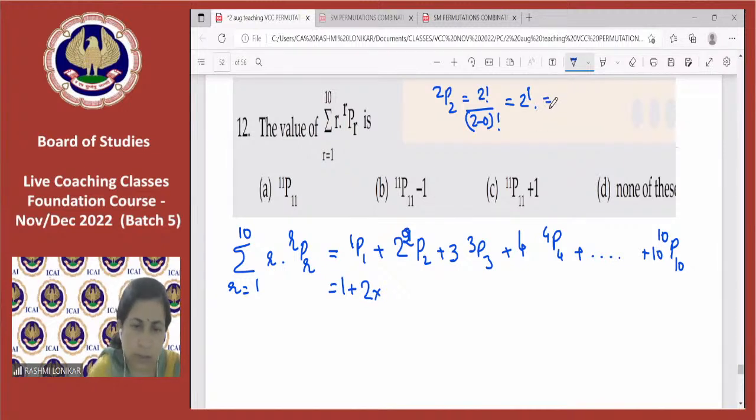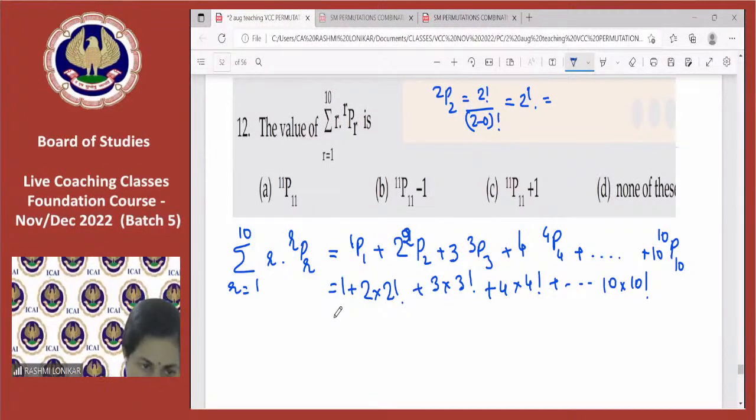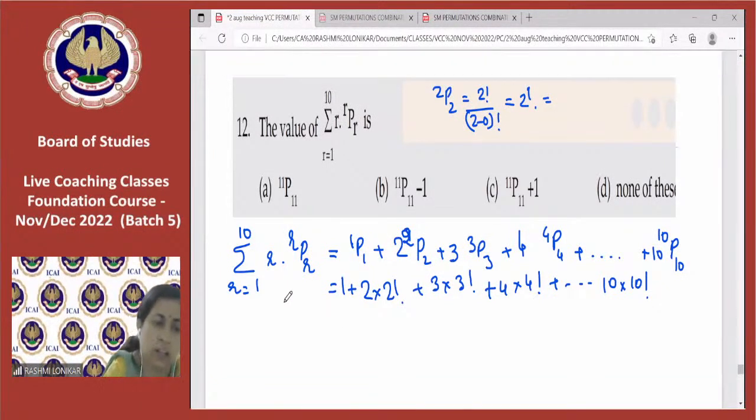So this will be 1 into 1 factorial plus 2 into 2 factorial plus 3 into 3 factorial plus 4 into 4 factorial and so on and so forth up to 10 into 10 factorial. This is the expansion of the summation, r going from 1 to 10, of r into rPr.